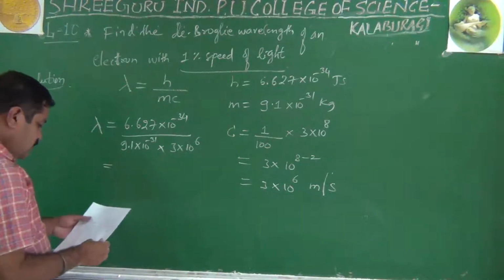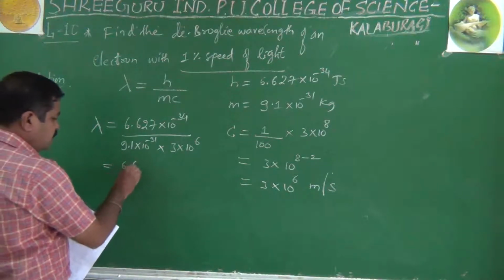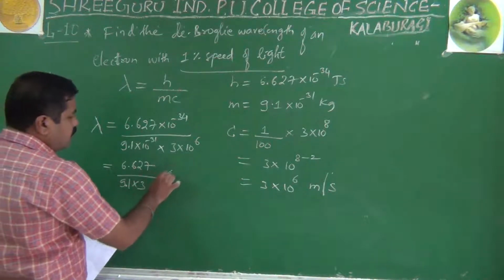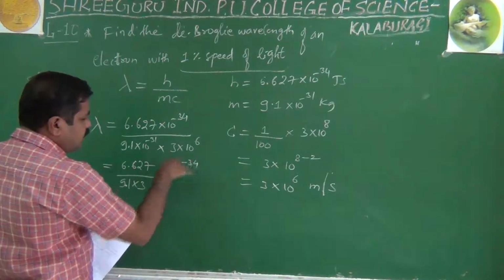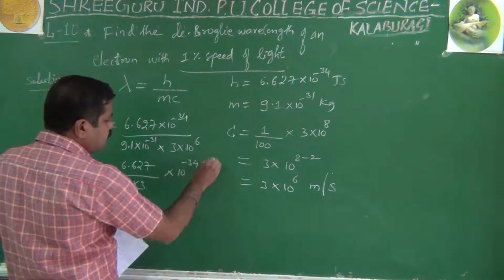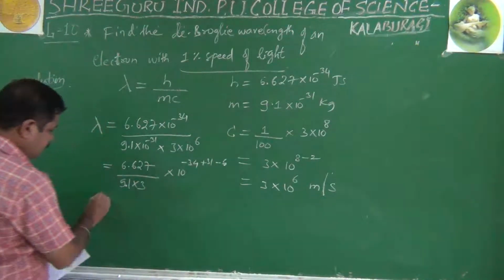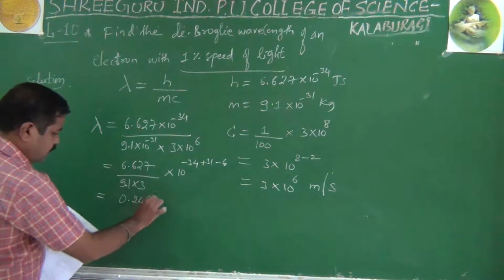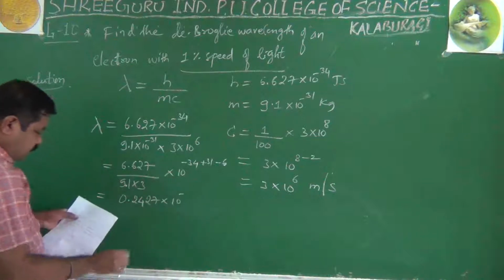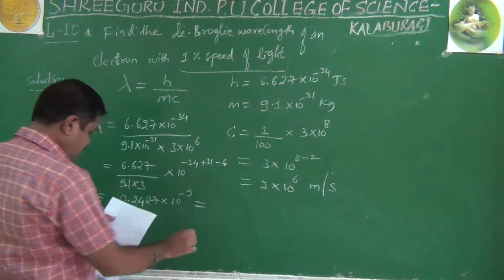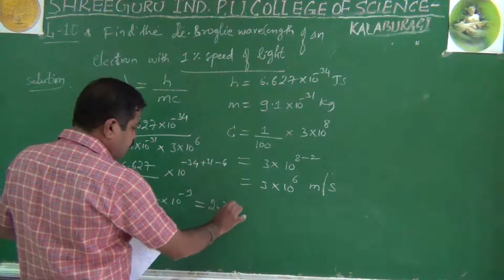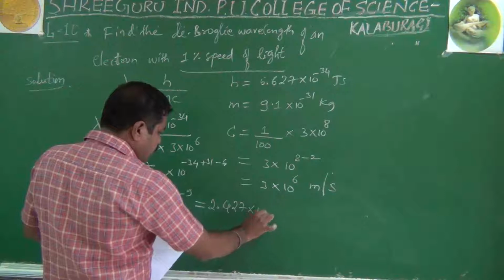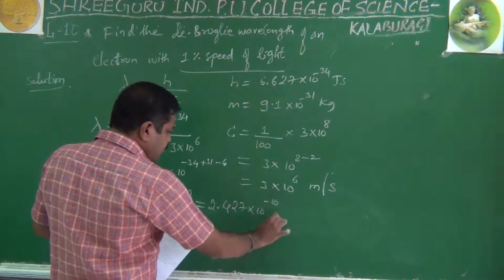Upon solving, 6.627 by 9.1 into 3, and like terms on one side, 10 raised to minus 34 plus 31 minus 6, you will get 0.2427 into 10 raised to minus 9. Finally, upon simplification, 2.427 into 10 raised to minus 10 meters.